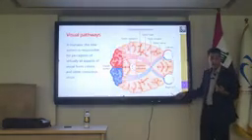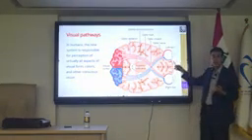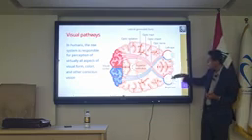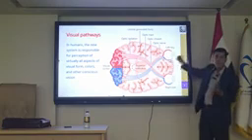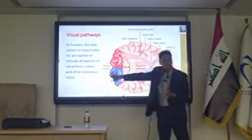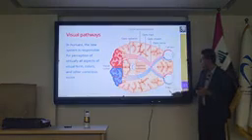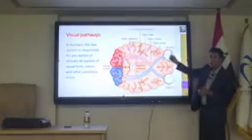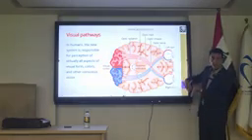Let's see. Left eye, right eye. Temporal retina, nasal retina. Temporal retina of the right, nasal retina of the left. They have the same figure. So they should go to this hemisphere. But now, nasal part of right eye, temporal part of left eye. They have the same image, right?